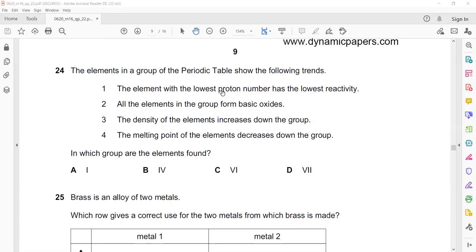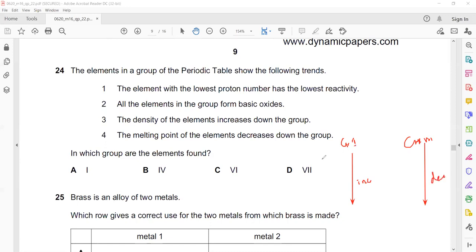The element with the lowest proton number has the lowest reactivity. Like when we check group 1, as we go down the group, the reactivity increases. But when we check group 7, as we go down the group, the reactivity decreases.